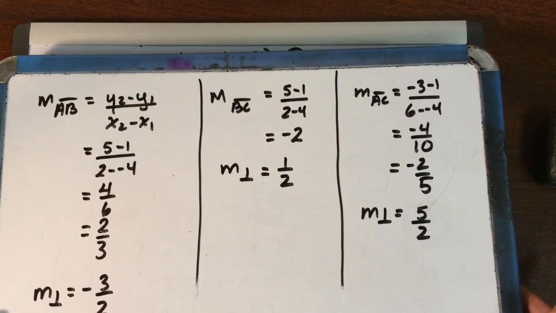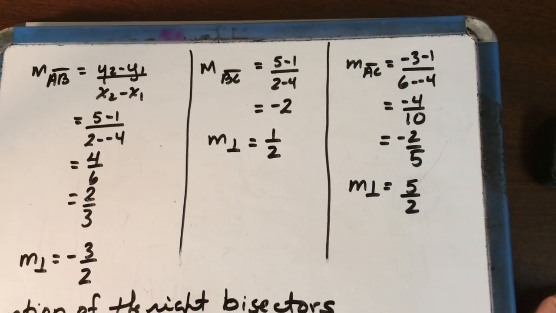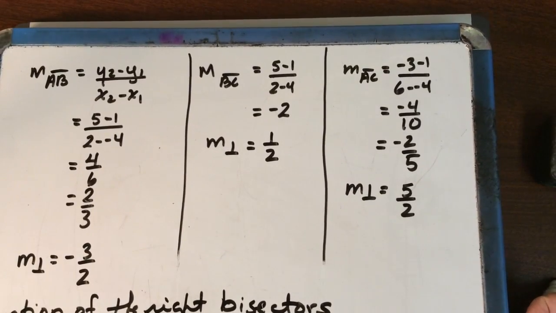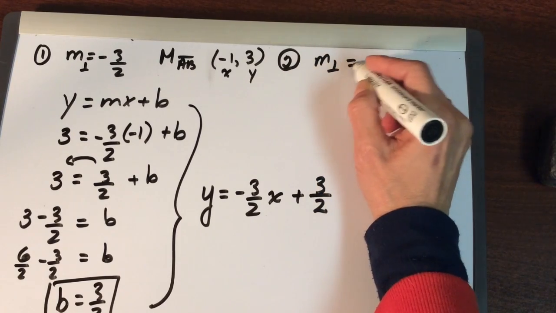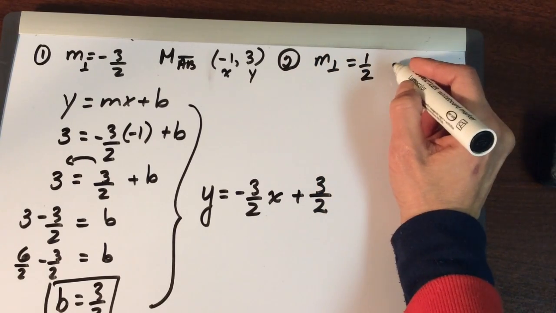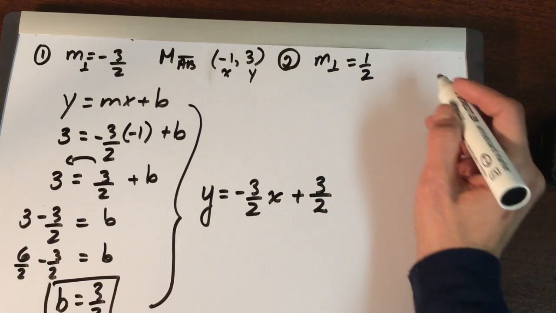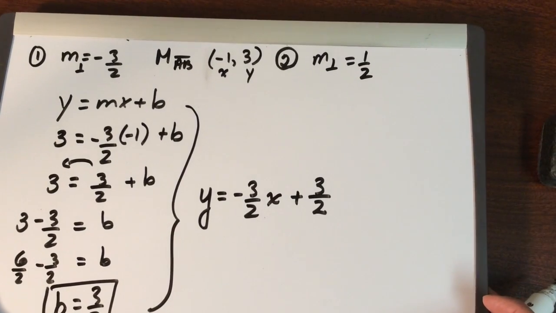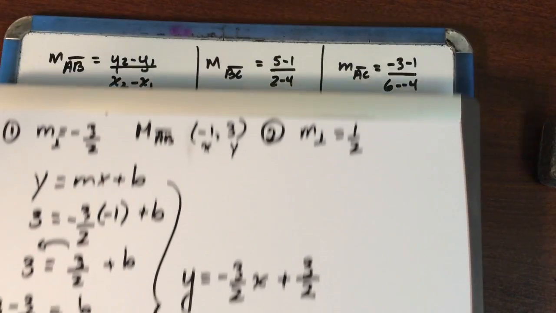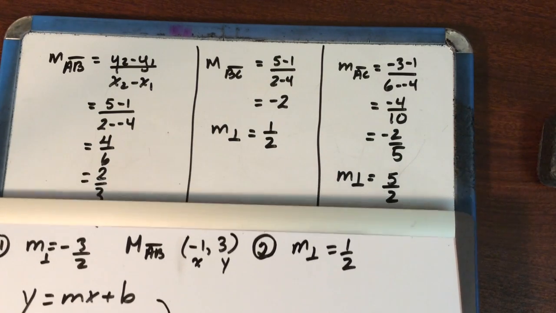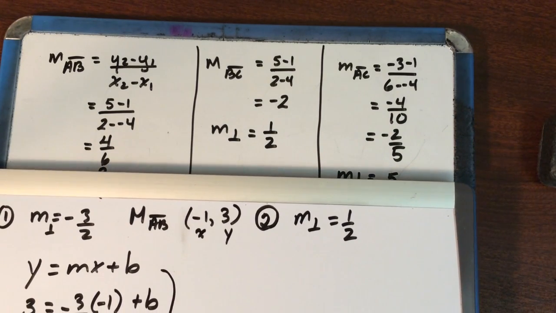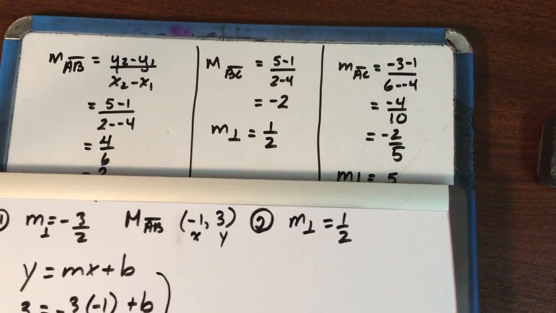So the next one for BC is 1/2 because we're using the perpendicular slope. So let's bring that here. And we've got m perpendicular is 1/2. And the midpoint of BC was 4 and 1.